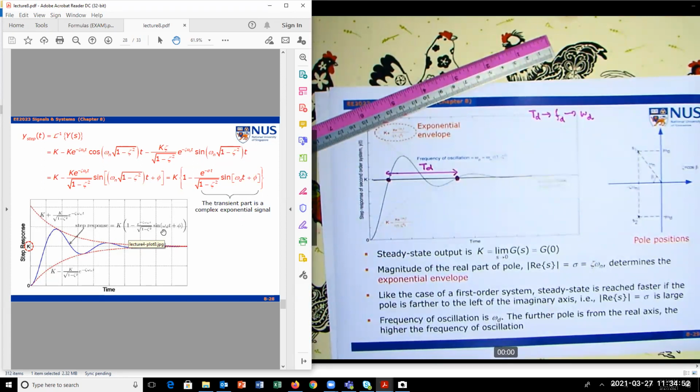The sinusoid is this blue curve, or in this case, this black curve.